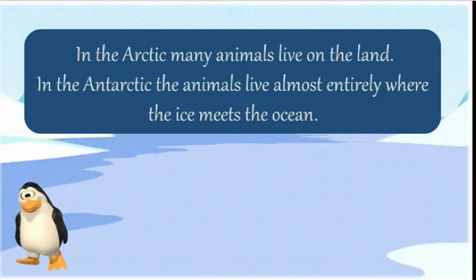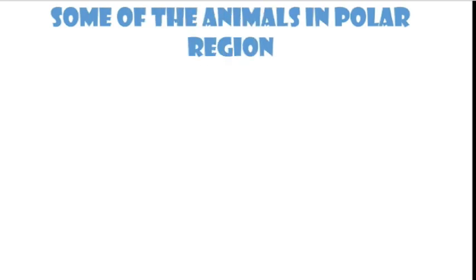In the Arctic, many animals live on the land. However, in the Antarctic, the animals live almost entirely where the ice meets the ocean. So, now you are going to see some of the animals that live in polar region, or we can say in Iceland.